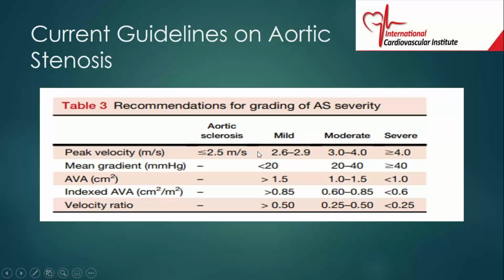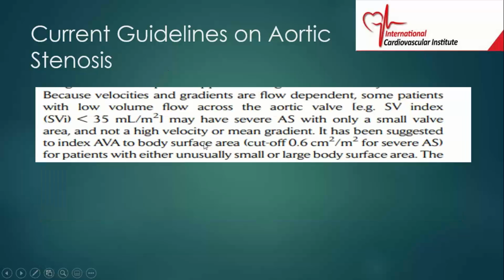So these are the situations for mild aortic stenosis. Anything that falls in between mild and severe is moderate. And there's a condition we call aortic sclerosis. When you look at the valve, it may be thickened, maybe a little bit calcified, but the velocity is less than 2.5 meters per second.